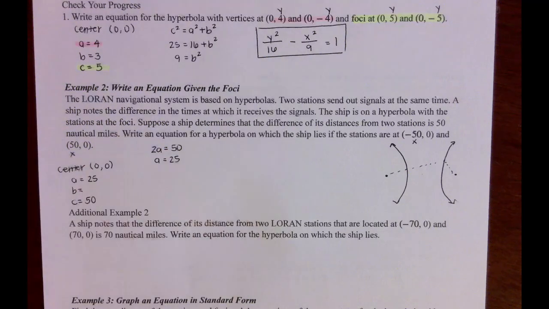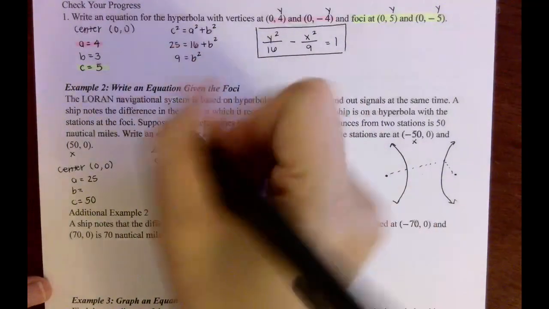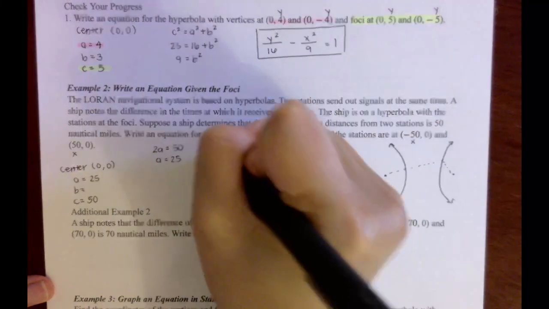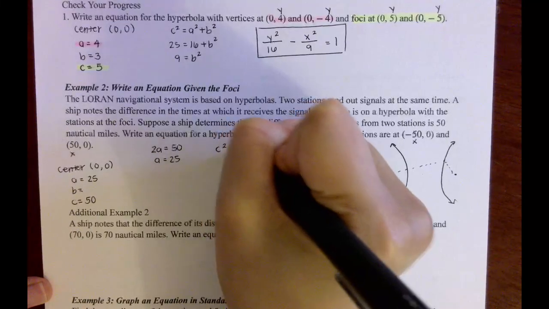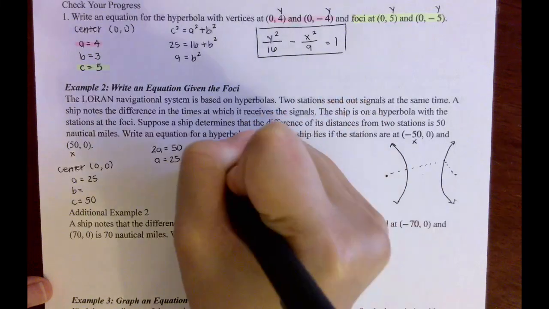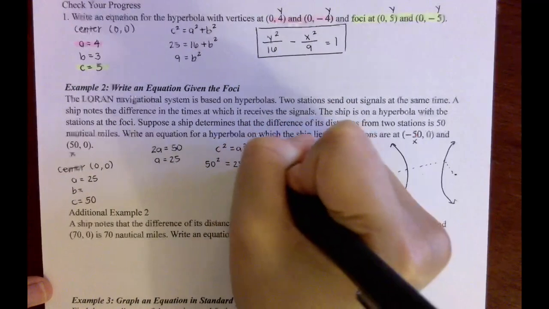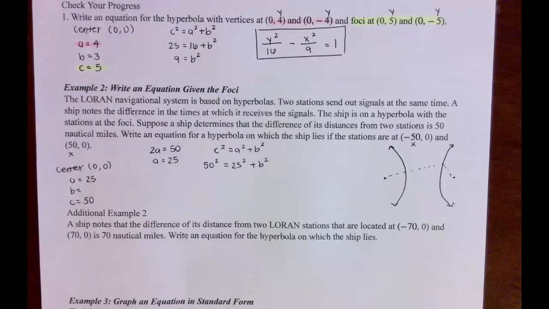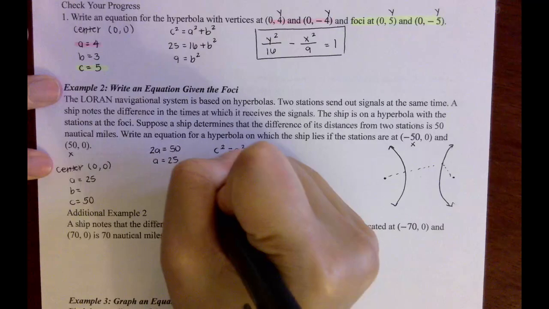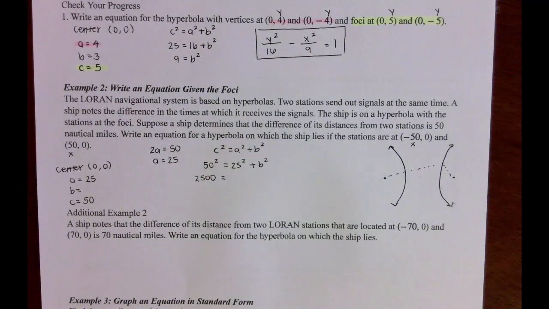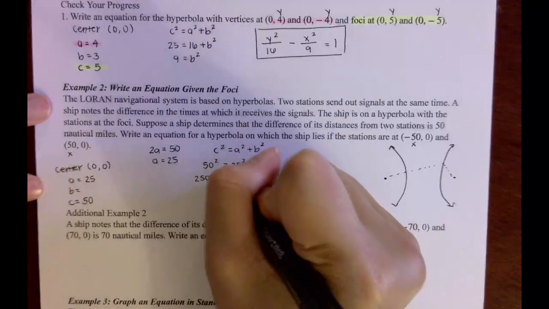So then we can use that to find b, because c squared equals a squared plus b squared. So c squared is 50, so 50 squared equals 25 squared plus b squared. 50 squared is 2500. 25 squared is 625.